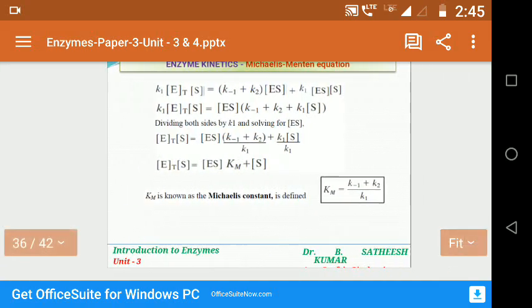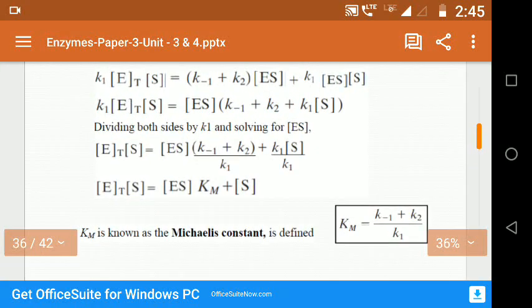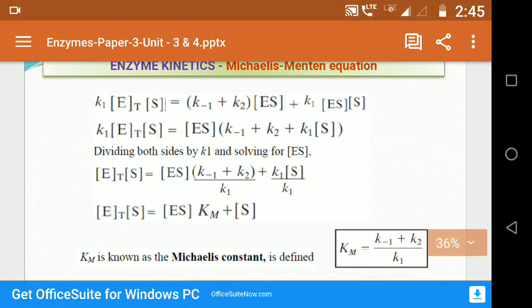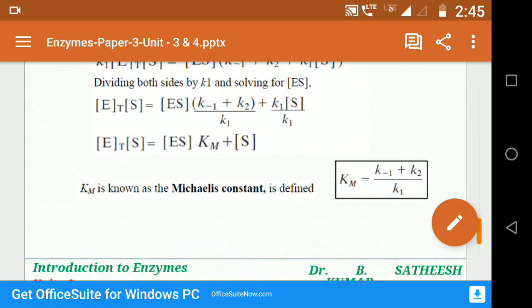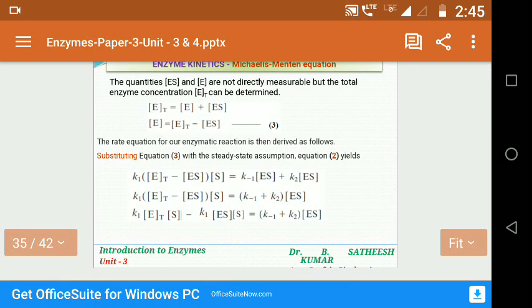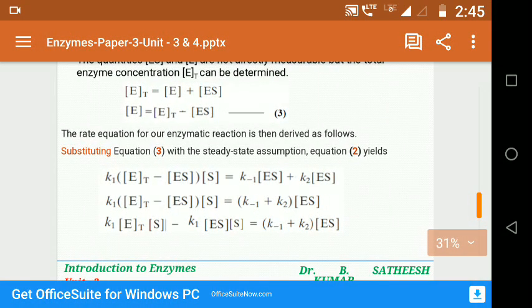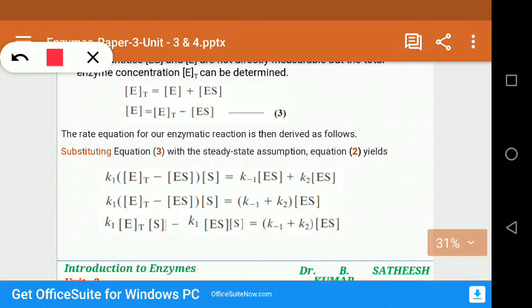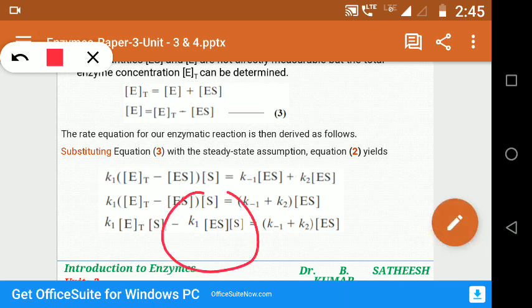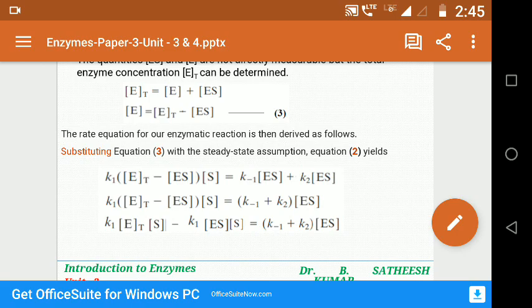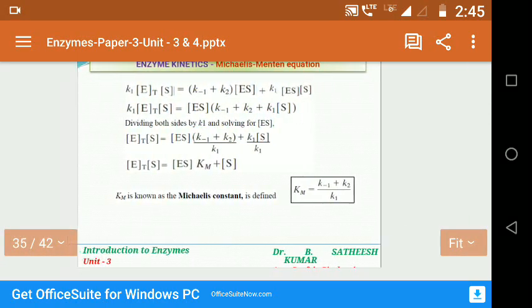Further solving, in this slide we take this K1 ES S to the right hand side.